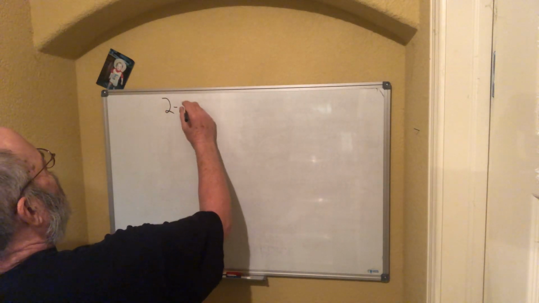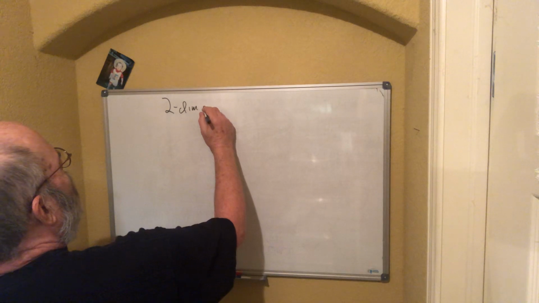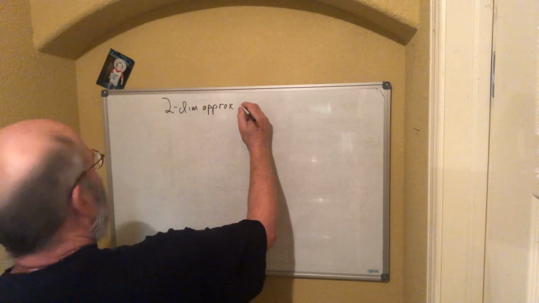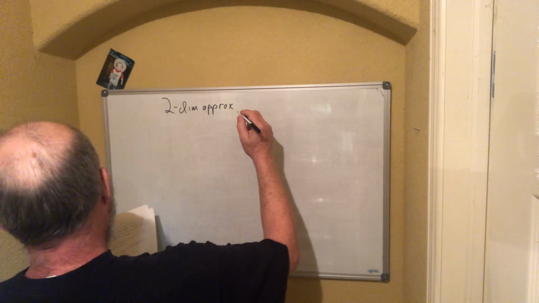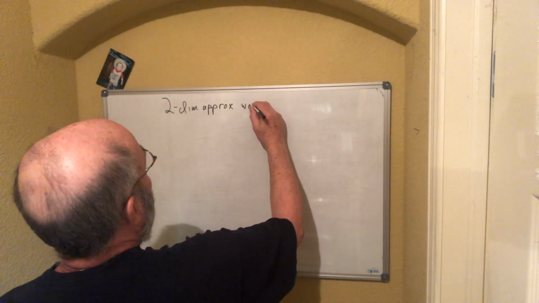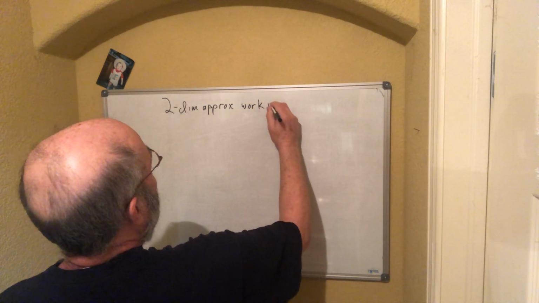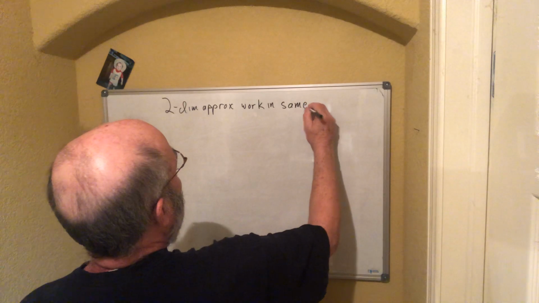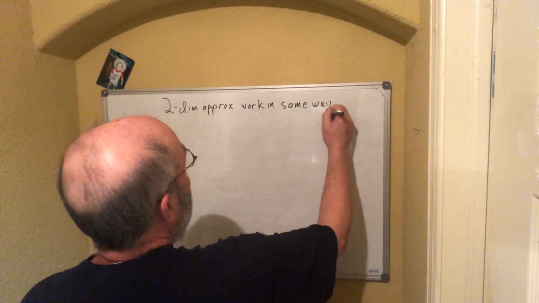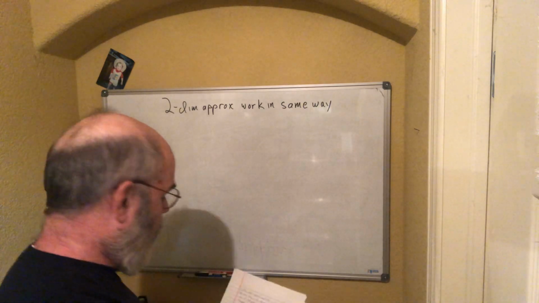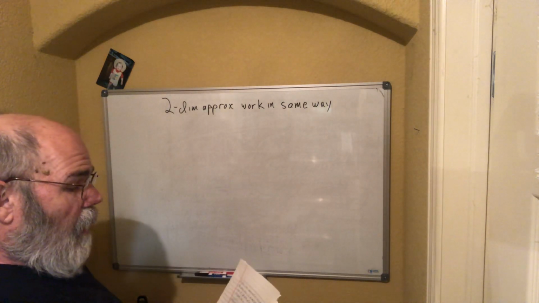One is to say that 2-dimensional approximations pretty much work in the same way. But of course, there are now 2 variables that we're going to have to deal with, right?